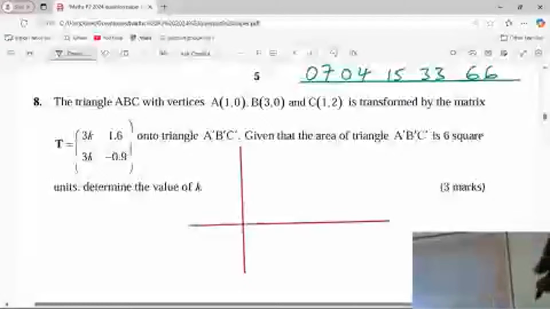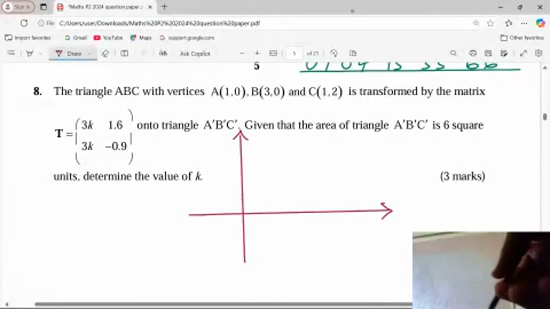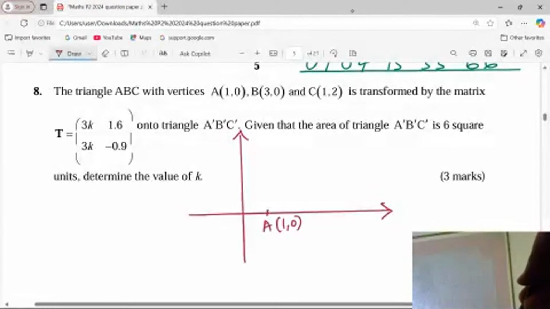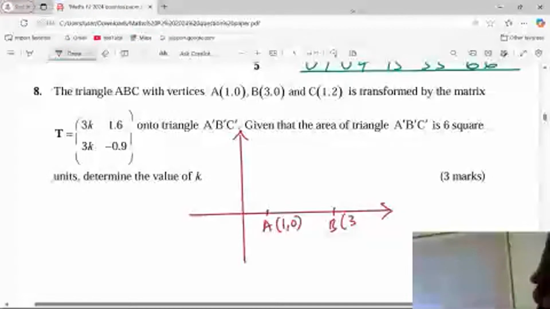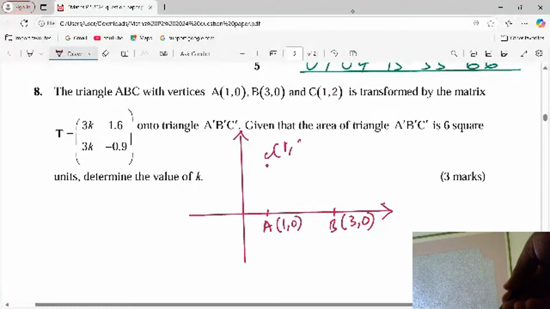If I sketch point A, it will be at (1, 0). Then B shall be just to the right, which is (3, 0), and another point C is (1, 2). Therefore, just above A, we have C at (1, 2).